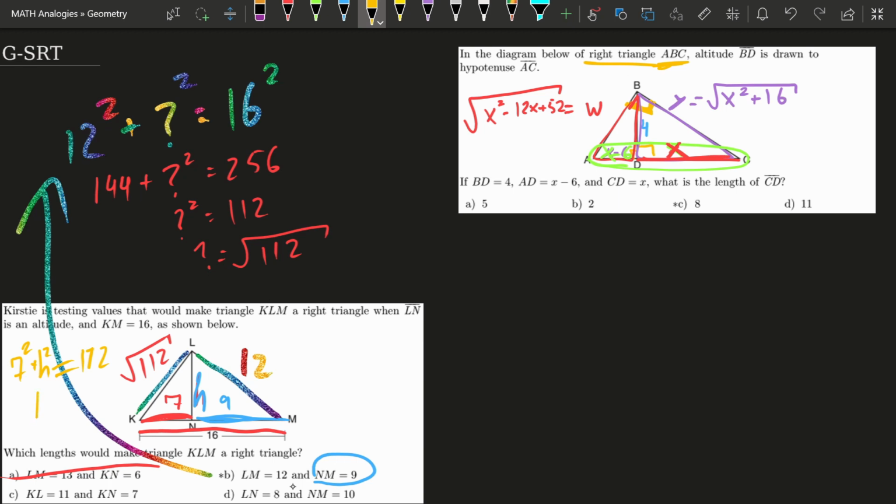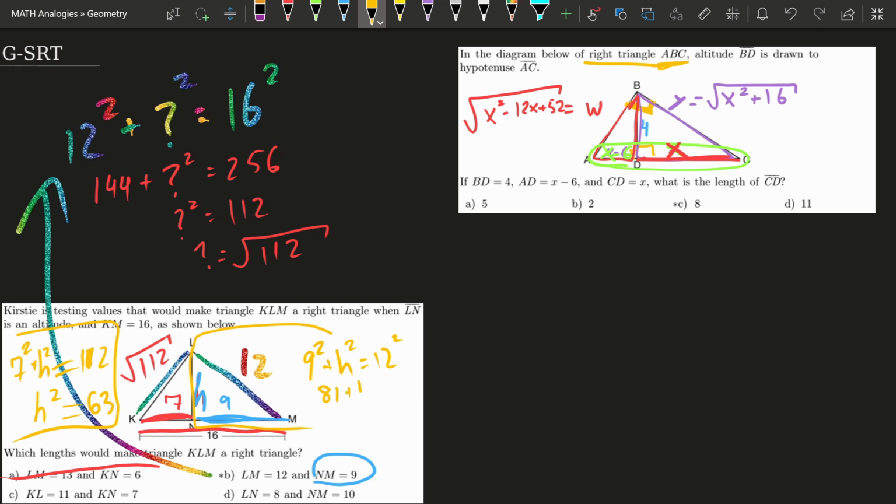In other words, h squared is 112 minus 49, so 63. And instead of on the left-hand side, now on the right-hand side, would 9 squared plus h squared equal 12 squared?